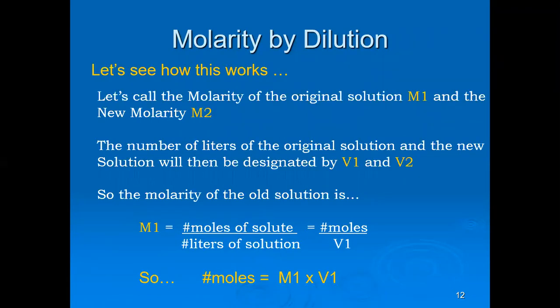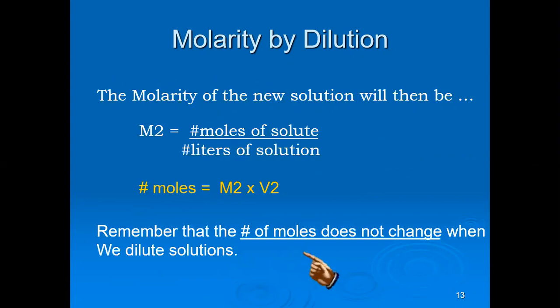V1 is divided on the right side; according to mathematical rules, when it goes towards the left of the equal sign, it will be multiplied with M1. So number of moles is equal to M1 multiplied by V1. Similarly, for the molarity of the new solution, number of moles is equal to M2 multiplied by V2, by the same mathematical rules that are discussed above.